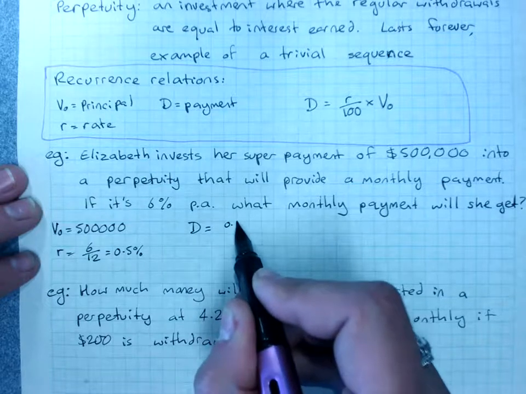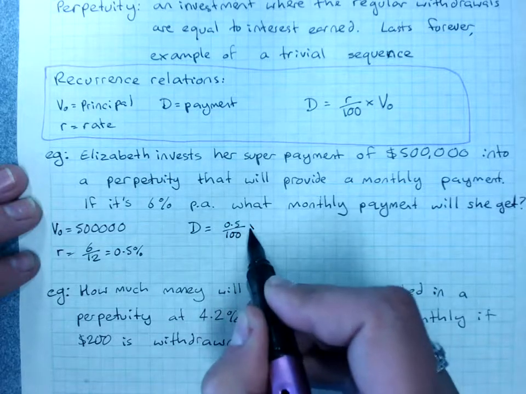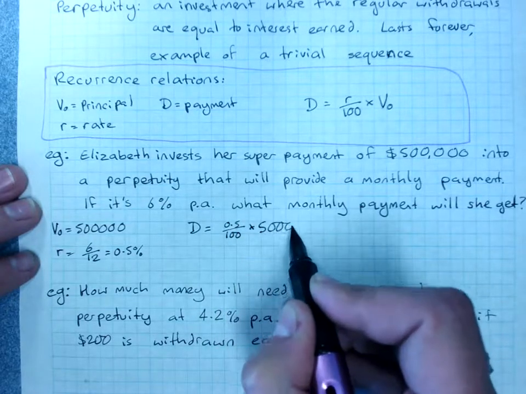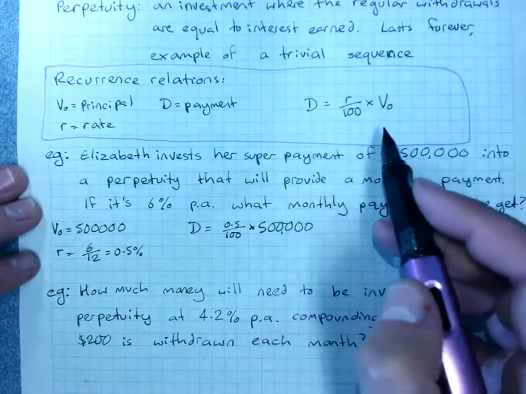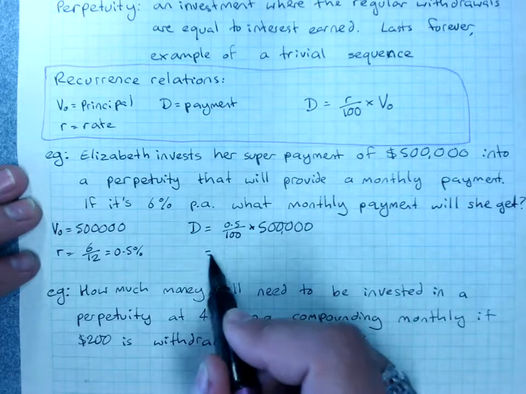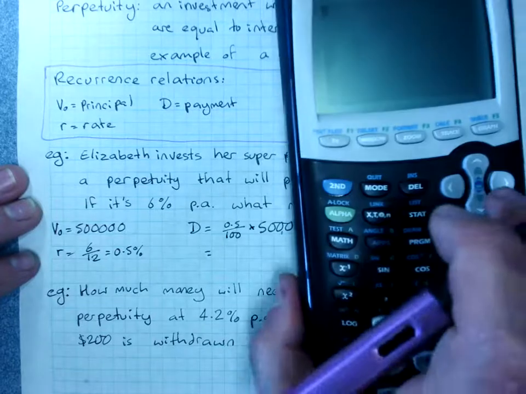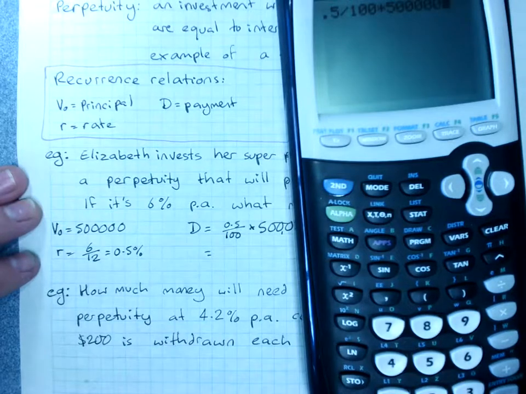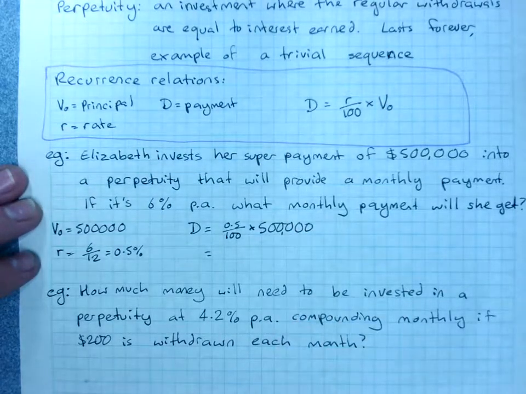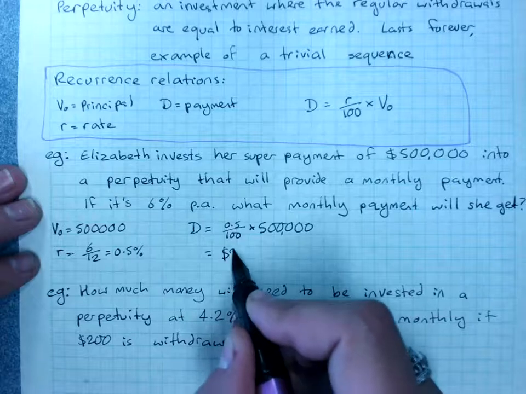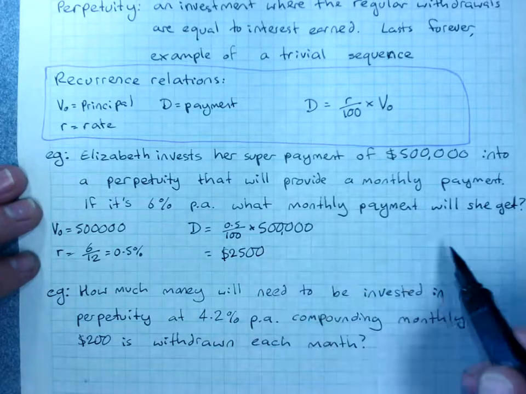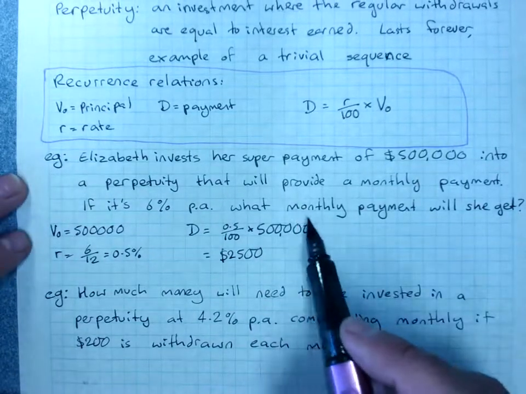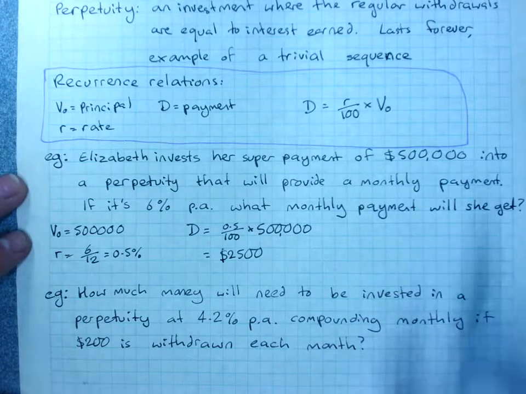So that's 0.5 over 100 times the principal using this formula. 0.5 divided by 100 times 500,000. 2,500 per month, and we'd give a word answer. Therefore, her monthly payment will be 2,500.